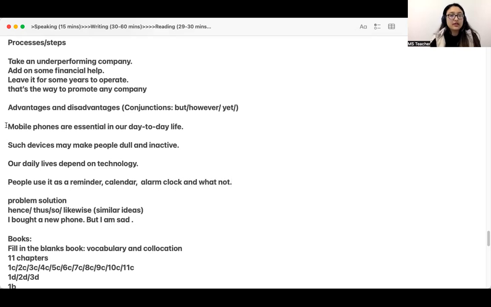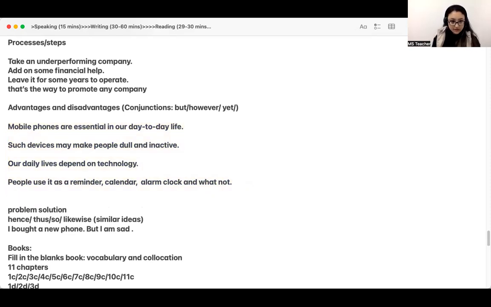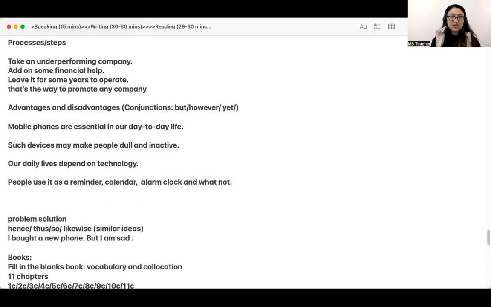There are four sentences here, and all of them are obviously related to mobile phones. Which one is the most general, which one has a pronoun, which one is an advantage and which one is a disadvantage? Very easy. Let me give them numbers, 1, 2, 3 and 4.